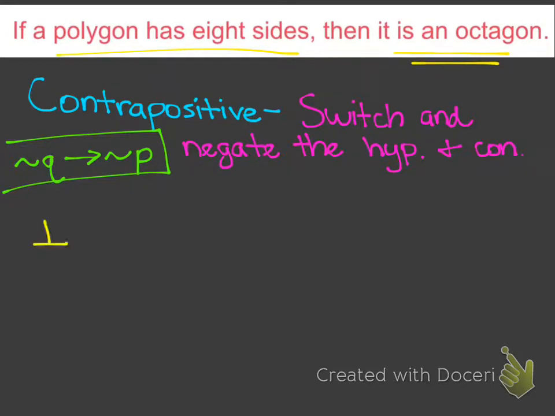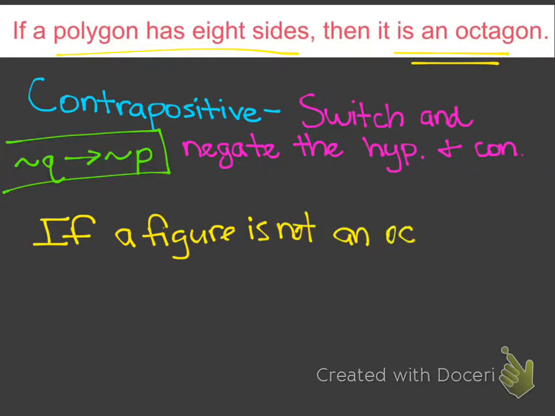So we need to say not conclusion. So if a figure is not an octagon, or a polygon is not an octagon, then, so now we negate the hypothesis. It does not have 8 sides.